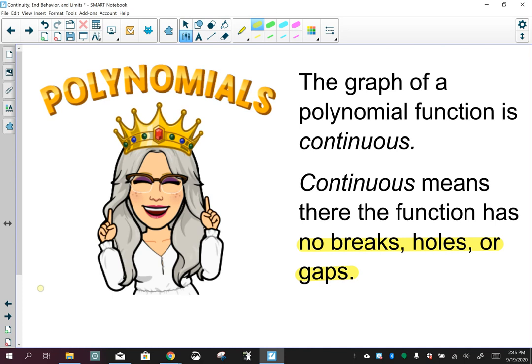So if you're trying to figure out whether this function is continuous, you're going to pick a point somewhere, or it'll tell you what point to pick, and you're going to look at it from the left side and from the right side to make sure that you are approaching the same thing, and then you're going to look at that actual specific number to see if it exists or not. As long as those three things happen, then you have a continuous function.